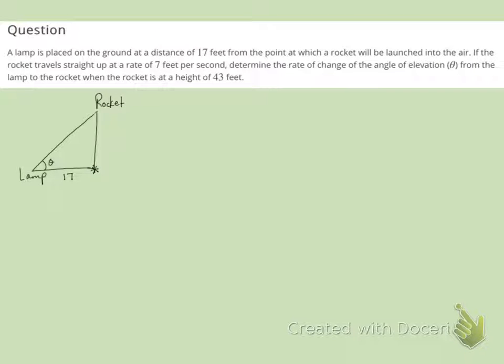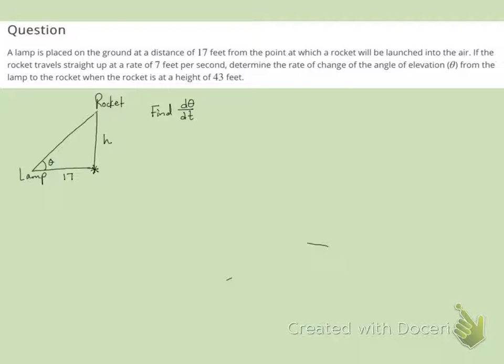So our angle of elevation here I've labeled as theta, and I'm going to call the side H. So we want to find d theta dt, and we know that the rocket is traveling at a rate of 7 feet per second.